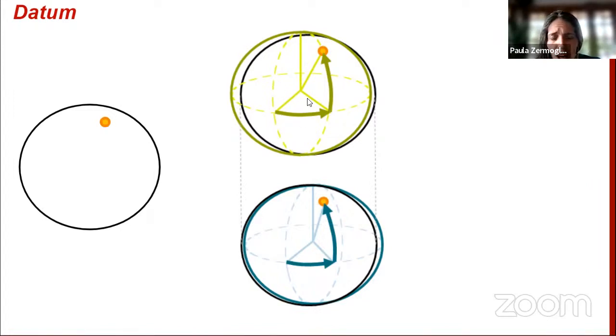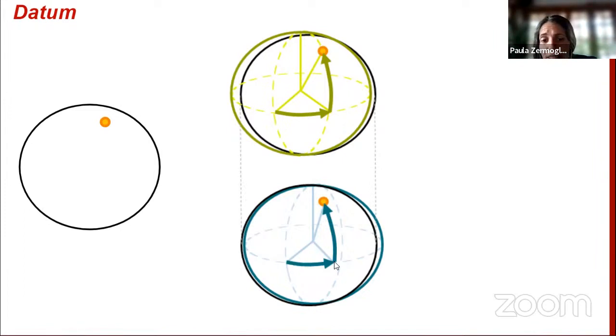For this dot, if we use the green datum, we will have this angular distance and this angular distance. Now, if we represent it with another datum, even though the spot is in the same place, the world is the same, we will have angular distances that are different because they are using a different reference. They are putting the origin, the scale, or the orientation of the axis in differently.